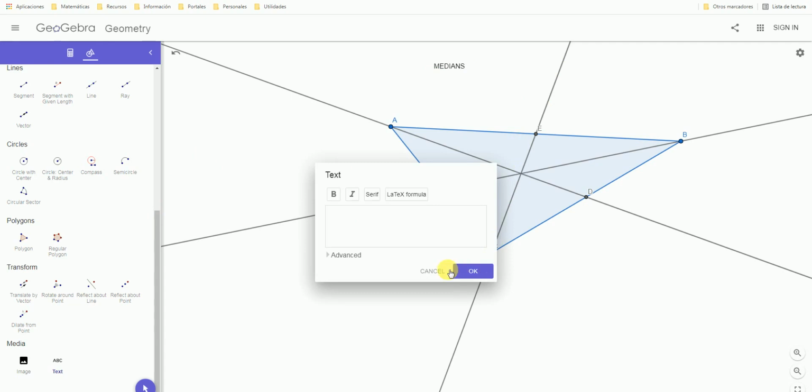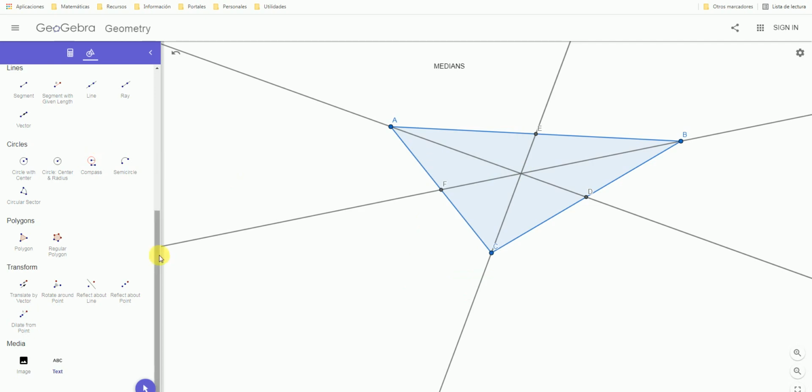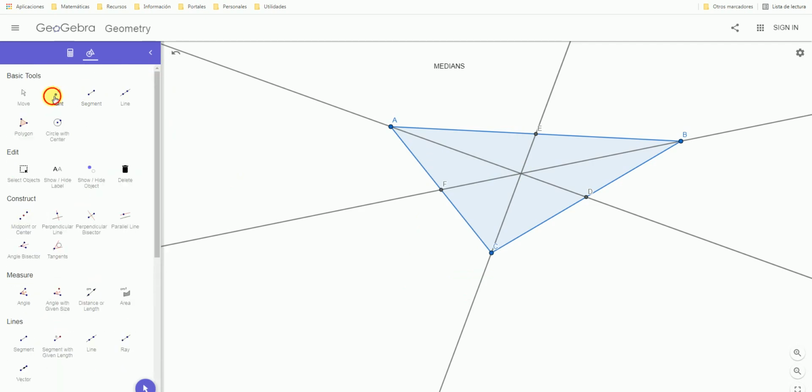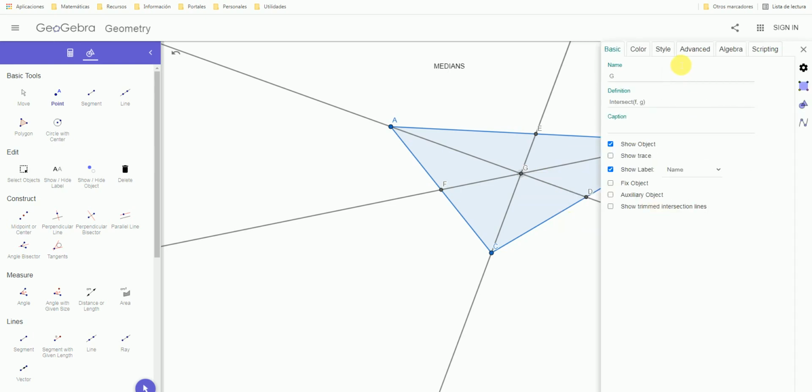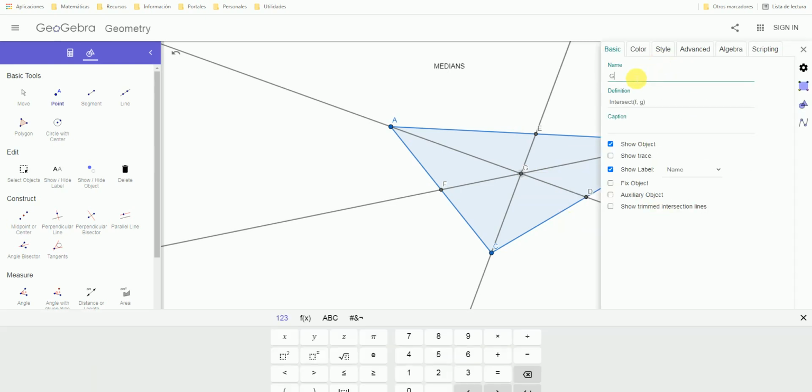That point is called, let's click on the point, this point is called the centroid of the triangle. Centroid.